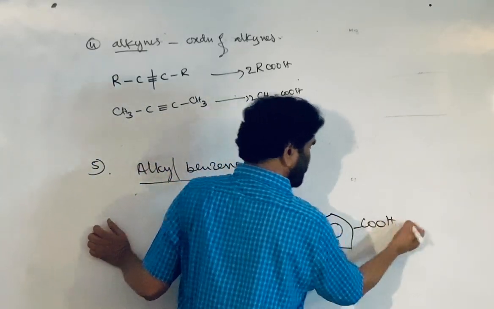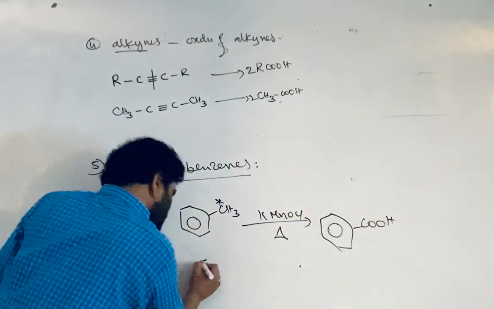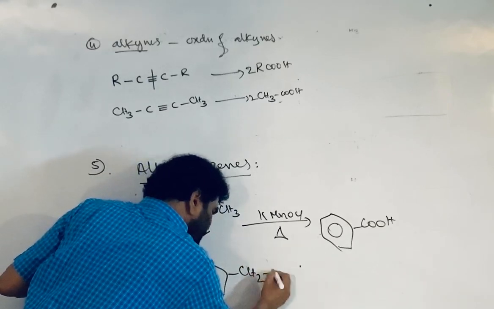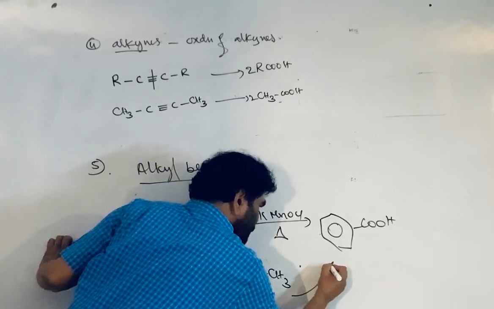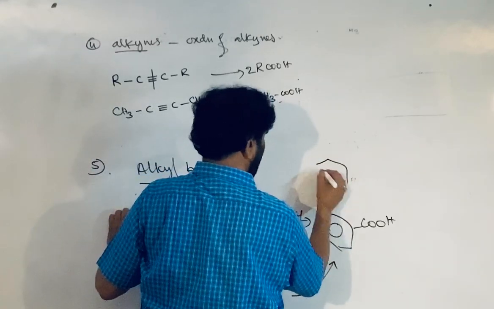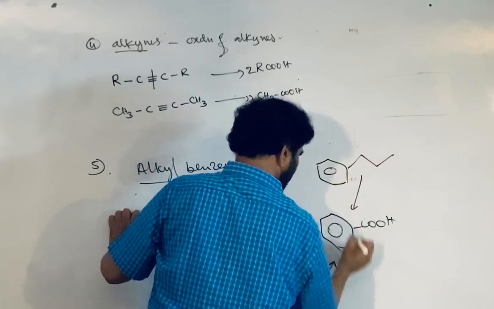We discussed these reactions in the regular classroom. Irrespective of the number of carbon atoms in the side chain, this also gives this. This is converted to this. If you take propyl benzene, it gives this.